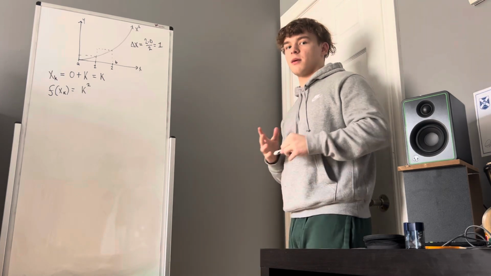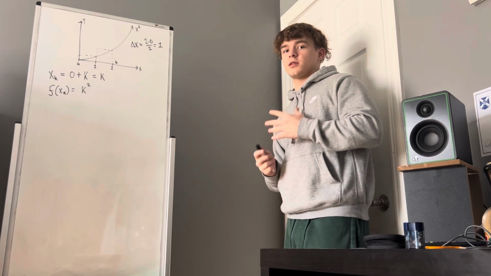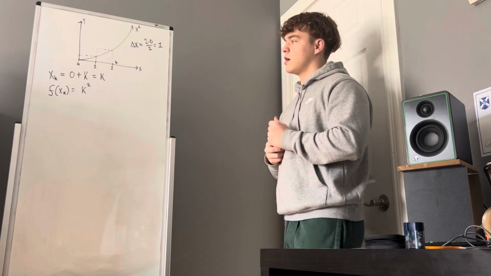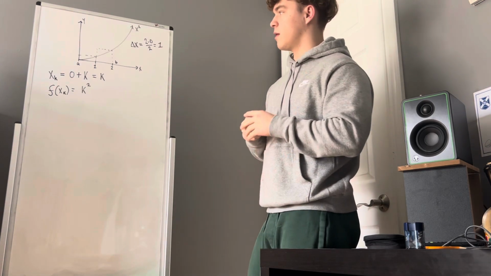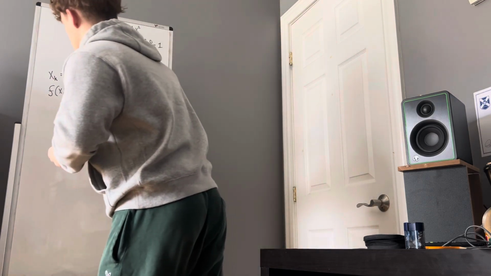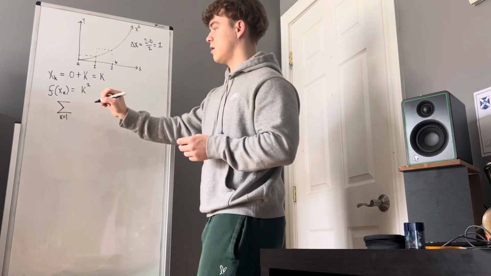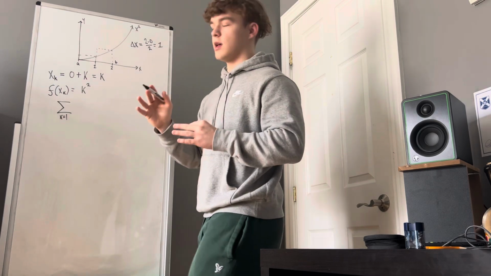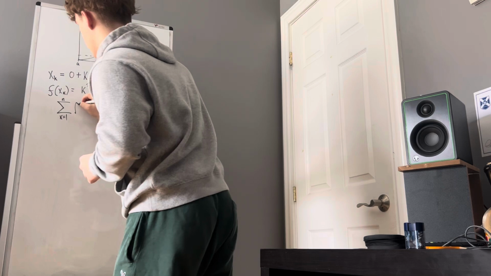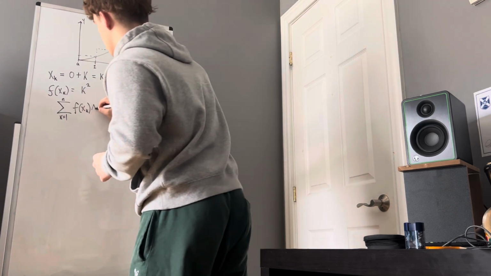Now, if you remember some notation from our past knowledge from some regular math, not calculus classes, we might remember that we can actually express these as a sum. So we're going to use the sum, k starts at 1, and we'll say it goes to n of f of xk times delta x.